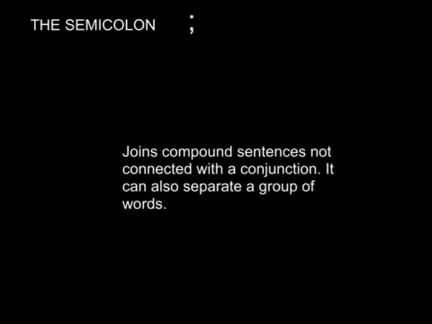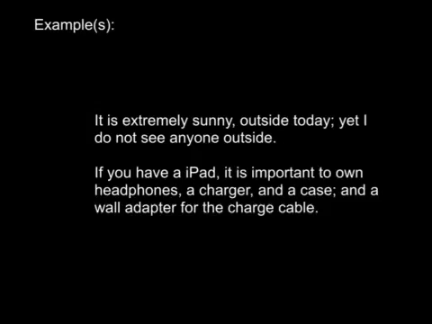The semicolon joins compound sentences not connected with a conjunction. It can also separate a group of words. It is extremely sunny outside today, semicolon, yet I do not see anyone outside.